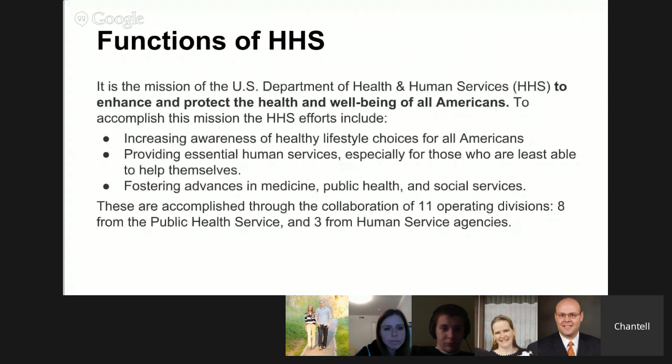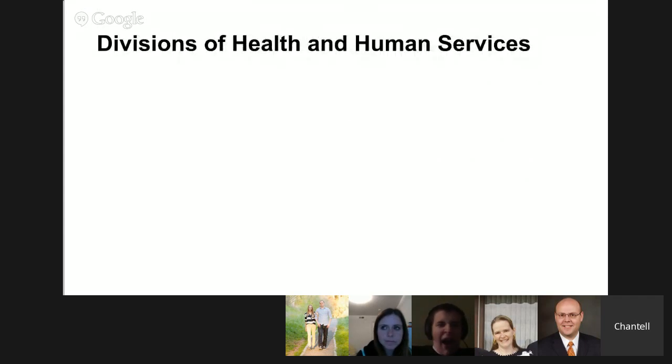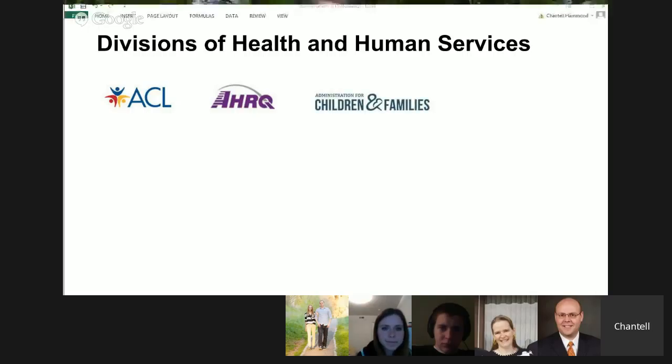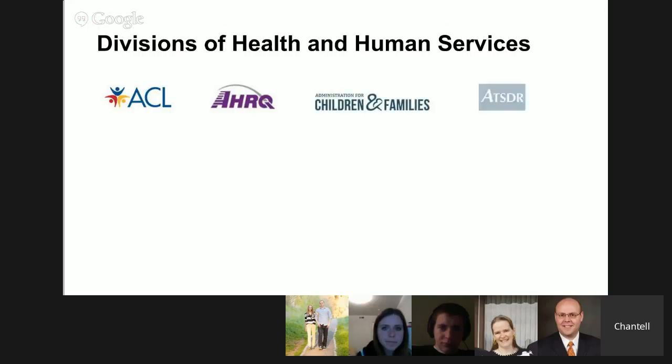These are accomplished through the collaboration of 11 operating divisions. 8 belong to Public Health Service, and 3 to Human Service agencies. Some of the divisions are the ACL, I have these written down, but I can't see my notes. AHRQ, the Administration for Children and Families, I'm trying to remember what that one stands for.